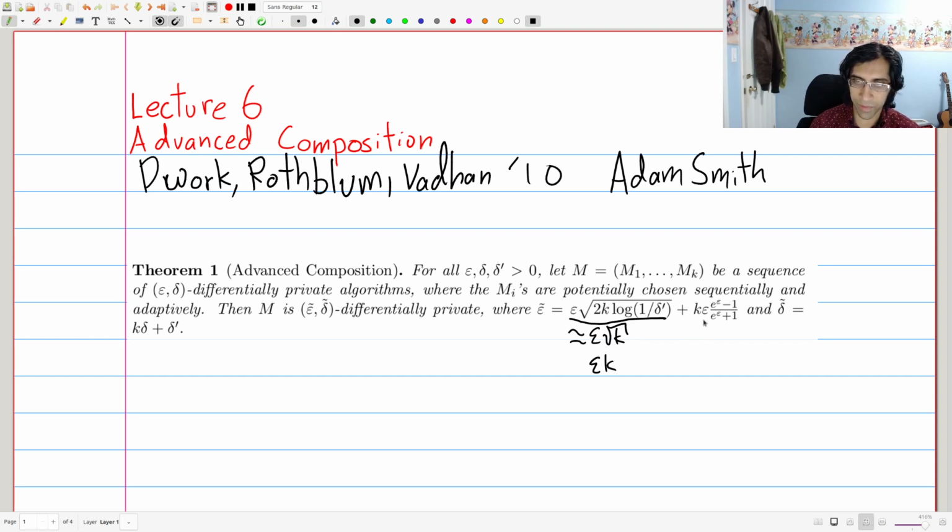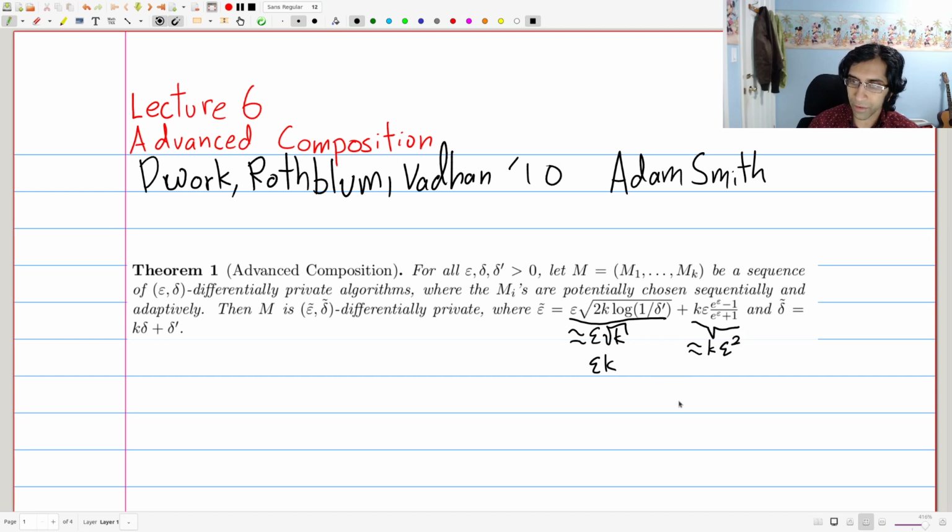Let's comment on some of the other things we have here. So you see here we have this epsilon times k times this funny term. What should we think about this as? Well, let's pretend we're in the case where epsilon is small. This is approximately equal to k times epsilon squared, very roughly.